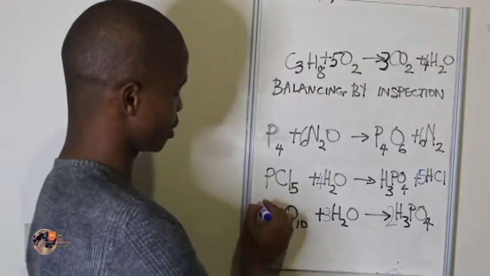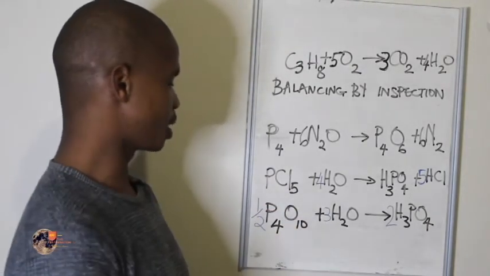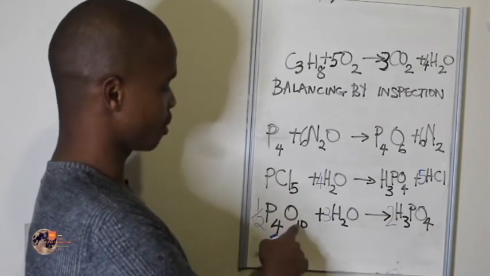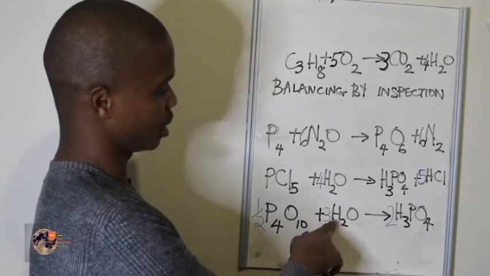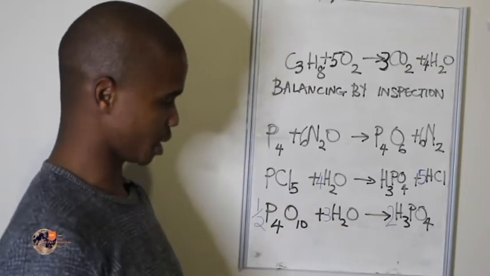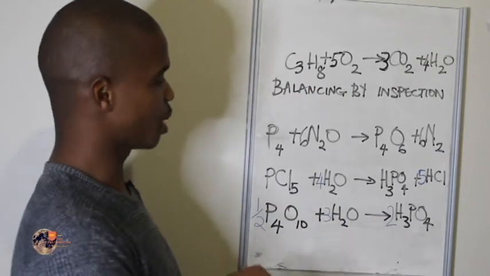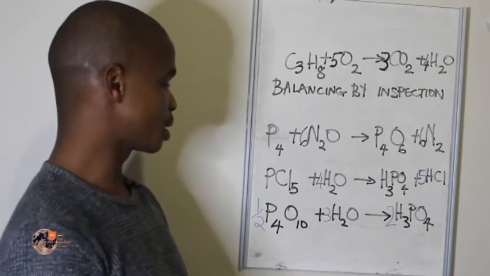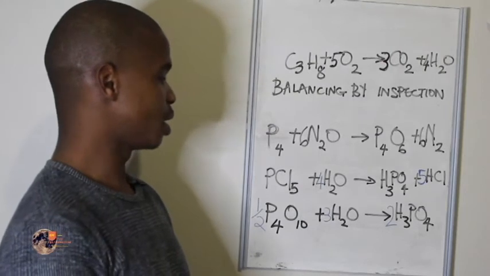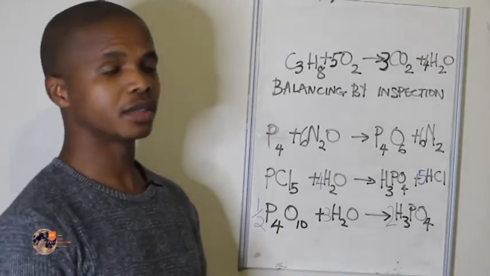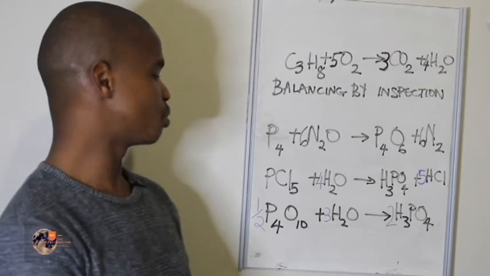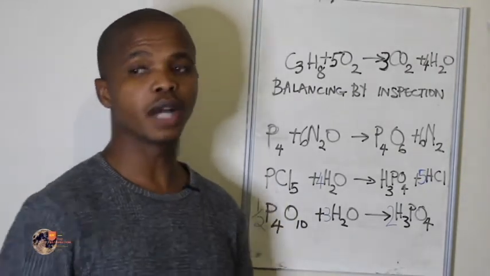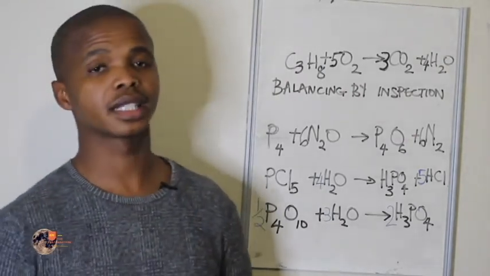Then if we reduce this and make it a half, it means you have 2 phosphorus, then 5 oxygens. 5 oxygens plus 3 oxygens gives us 8. So that is how I would balance this type of equation using that rule that we're talking about, which is you look for an atom which occurs once on both sides, and we have balanced our equations.